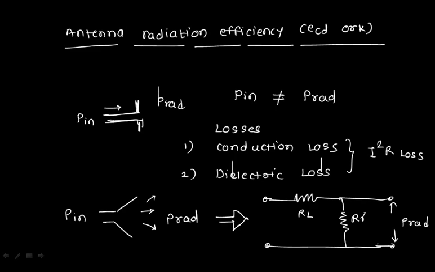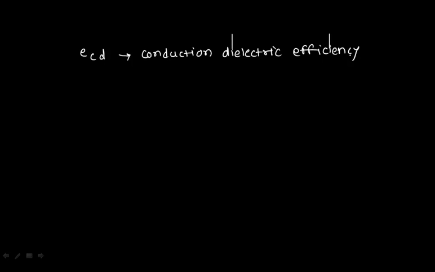So mathematically, the antenna radiation efficiency will be denoted by ECD. Either you call it the conduction dielectric efficiency, or you can call it the antenna radiation efficiency.